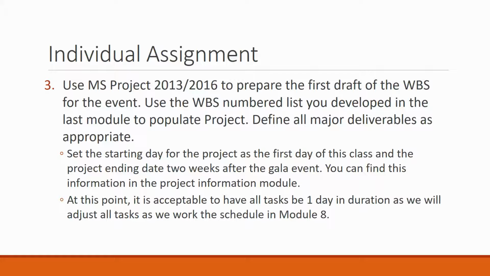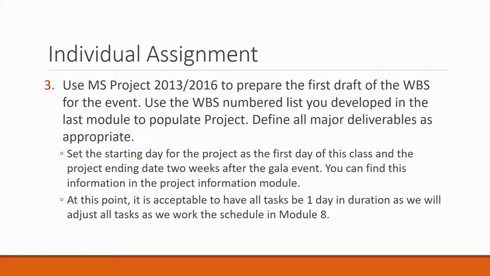Now at this point, it is okay for all of your tasks to be set to a 1-day duration. We are going to adjust durations in Module 8, so stay tuned for that. Right now, everything can just be set to 1 day, and everything can be set to start at the same time, done concurrently, just one big task list.